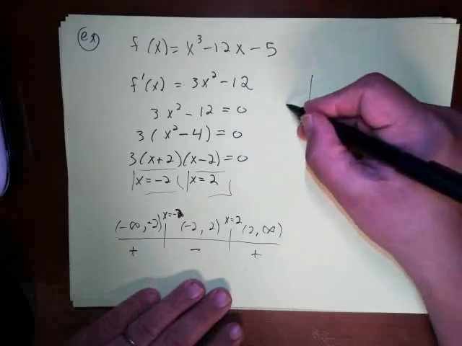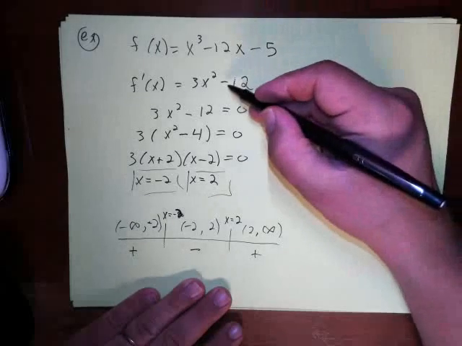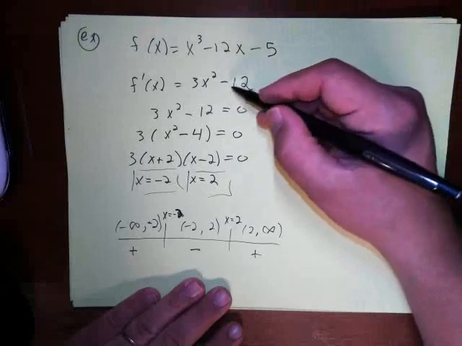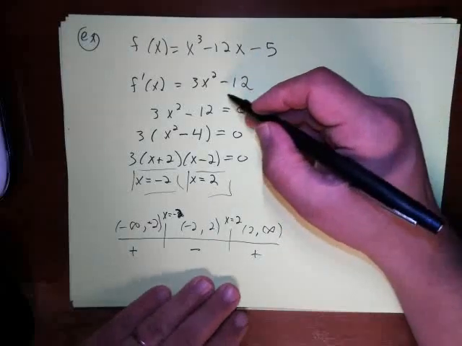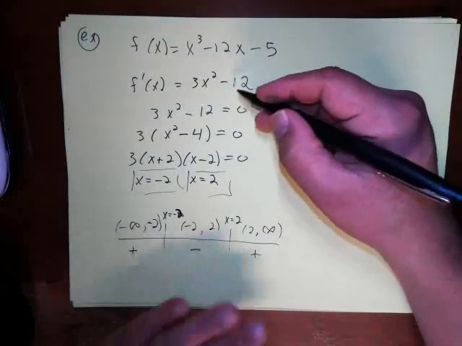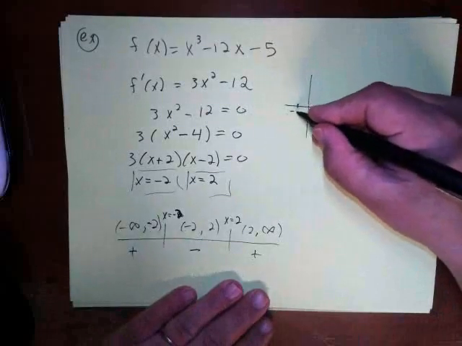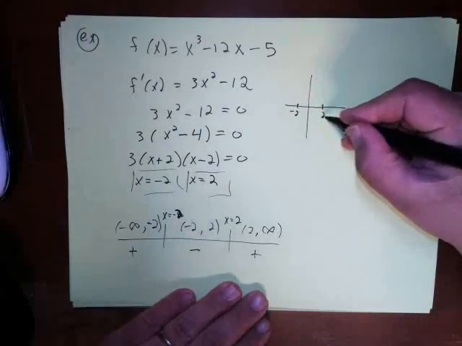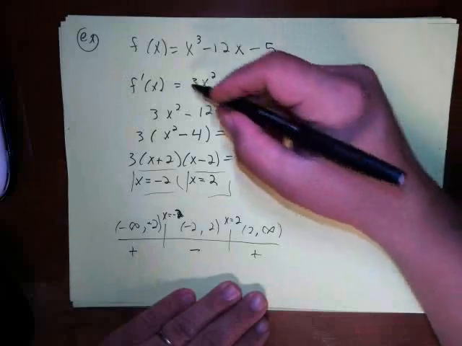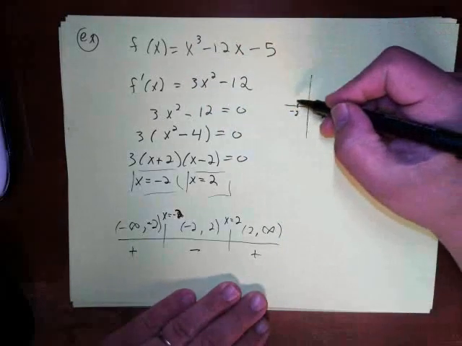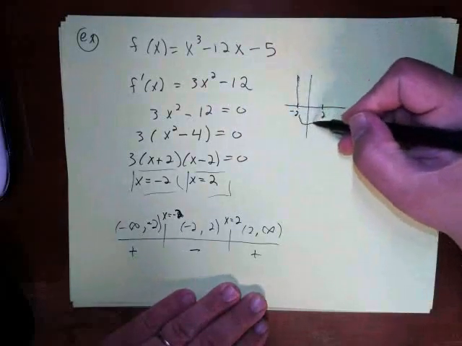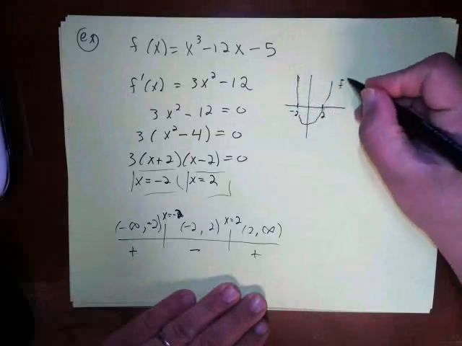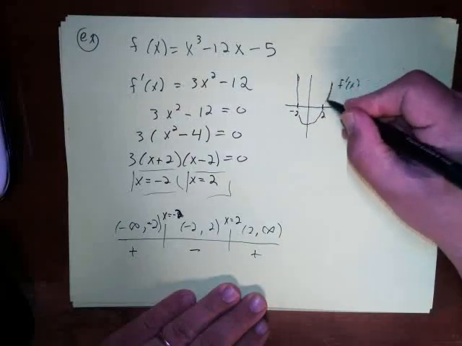What I would have thought in my mind is, I would have looked at the graph of the derivative, and I would have seen that this was a parabola that had a 0 at negative 2 and a 0 at 2, and it was a face-up parabola because the leading coefficient was positive. So I knew that f prime of x would be this.